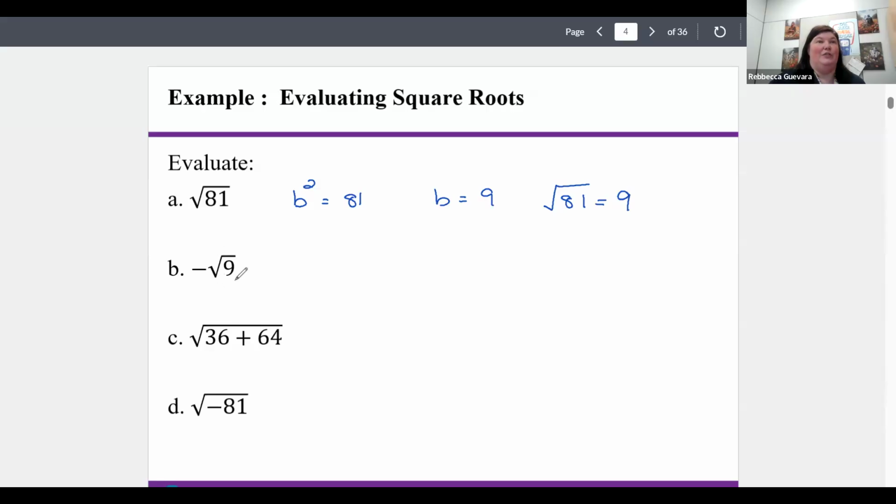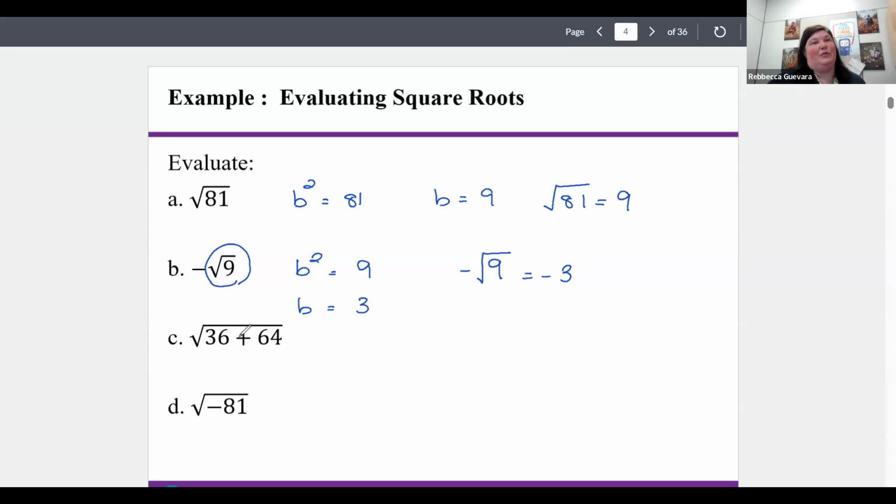So if you just look at the 9 by itself, we're looking for a number squared that's going to give me 9, which in that case would just be 3. Because we have that negative here, negative square root of 9 is just going to be negative 3. The negative's out front.